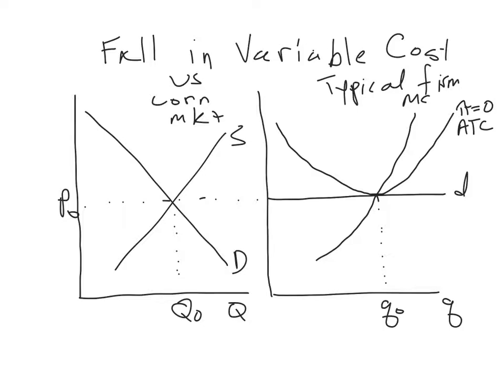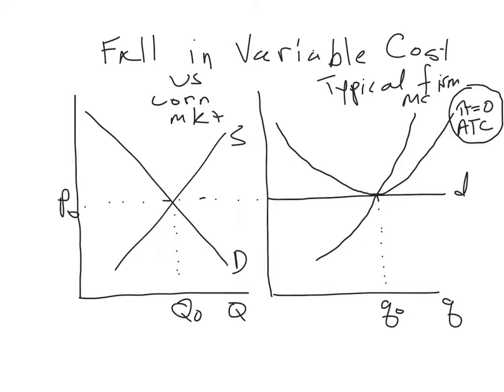So if variable costs change, both the marginal cost and the average cost curve change, and the isoprofit line, where profit is equal to 0, changes. Average total cost and profit equal to 0 are the same. But if fixed costs change, only the average total cost, or the isoprofit line where profit equals 0, changes.